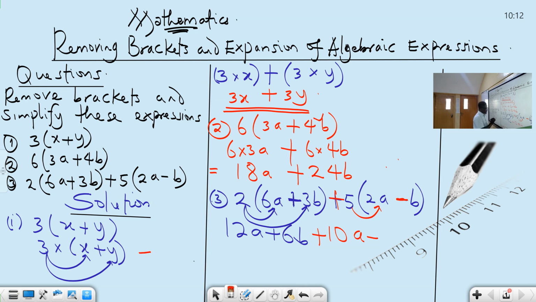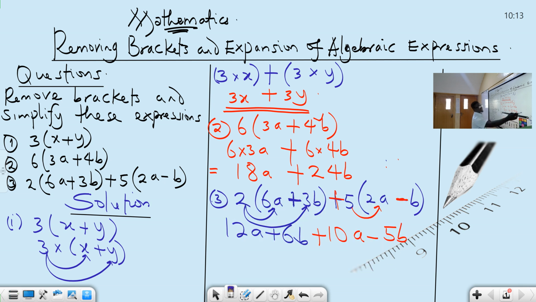What that means is minus times minus will give you plus. Plus times plus will give you plus. But minus times plus will give you negative. Also plus times minus will give you negative. We need to take note of that. So 5 times 2a is 10a, and then plus 5 times minus b, that is minus 5b. I hope that is clear.